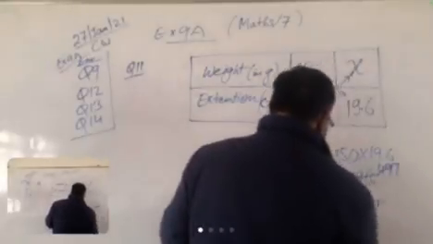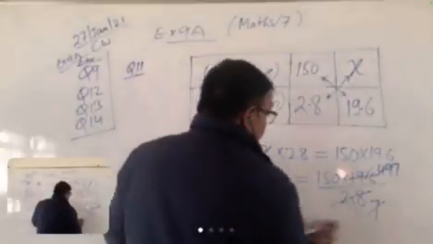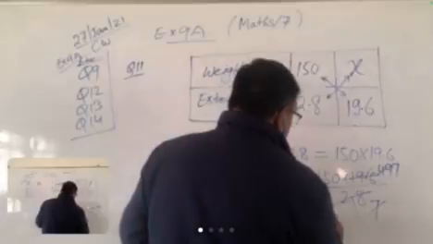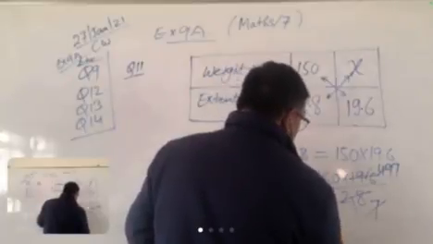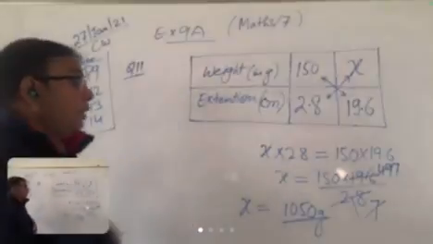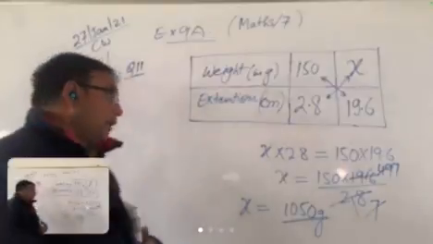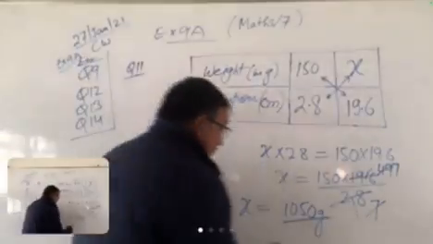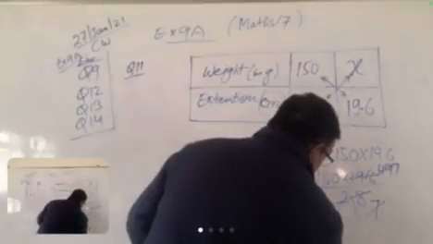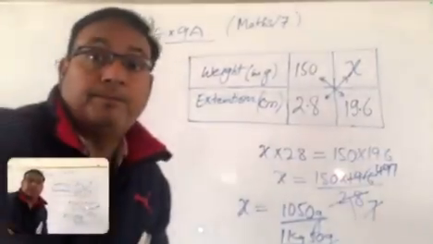Now 15 sevens are 105, 0, 5, 3, 10, 50. So the answer is 1050 gram, or 1 kg 50 gram. 1 kg 50 gram is the answer for this. Clear, everyone?